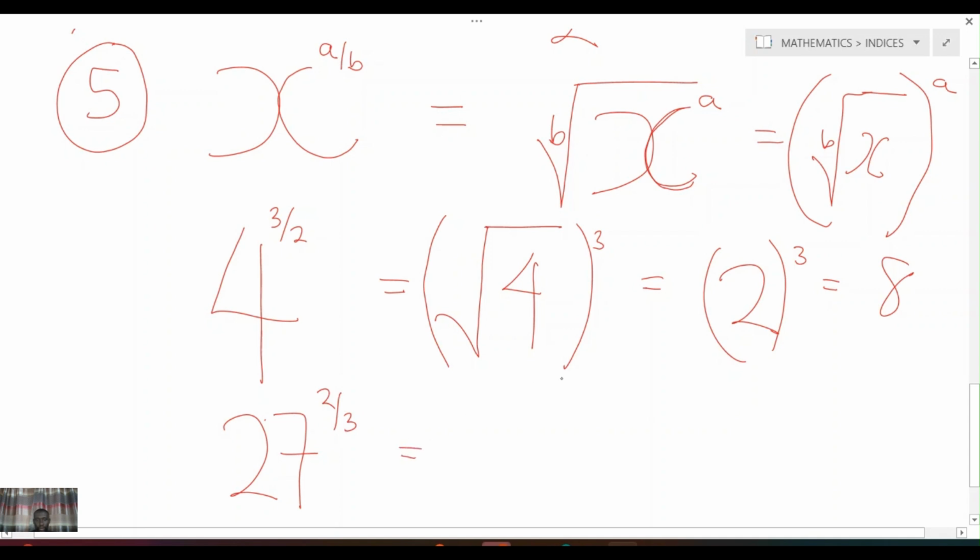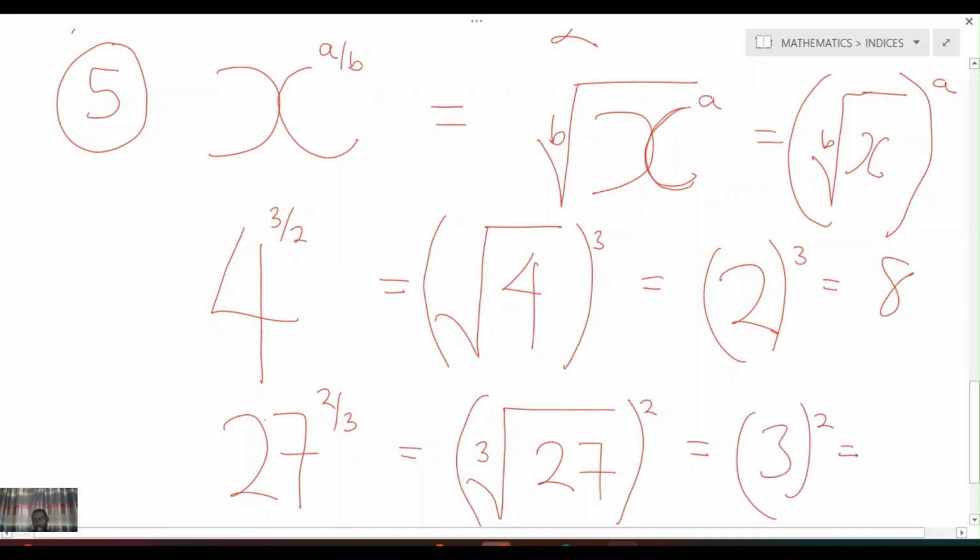This will be equal to the cube root of 27 raised to power 2, which will be equal to what? 3 raised to power 2, which is equal to 9.